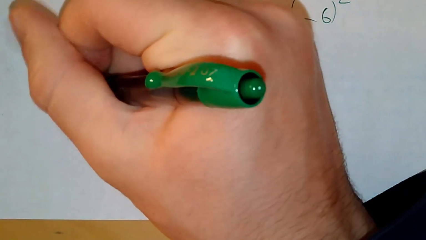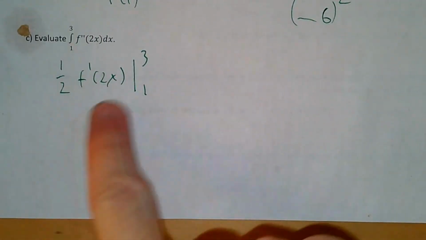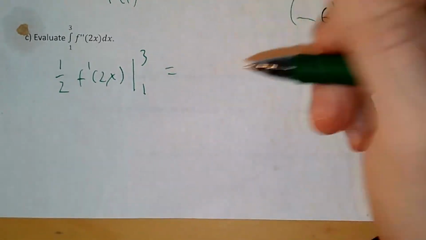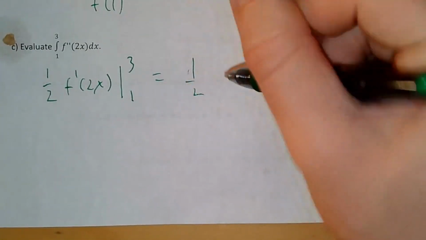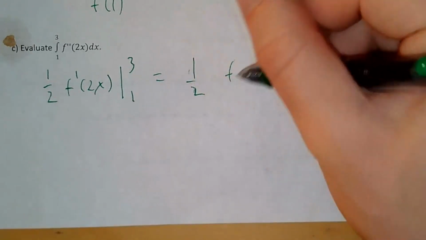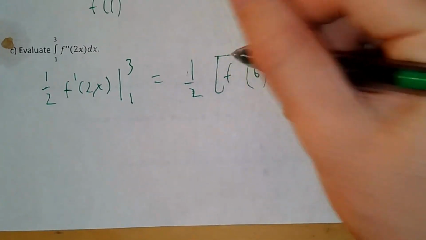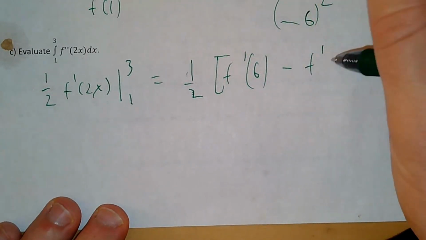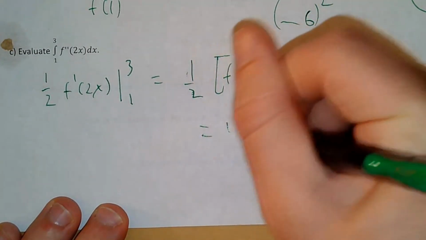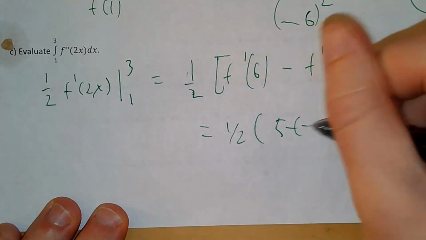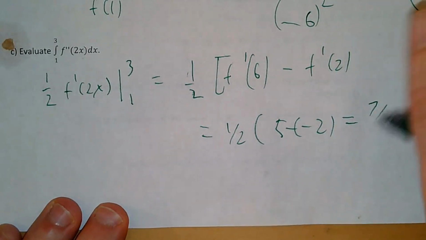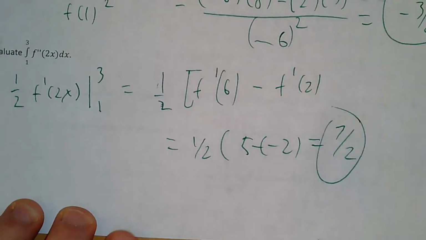This ends up being a 1/2 out in front here. So that's the only difference. The thing that you don't know how to do is that. So this then simplifies to 1/2 times f of 6 minus f of 2, which is 1/2 times 5 minus negative 2, equals 7 halves. And that's it.